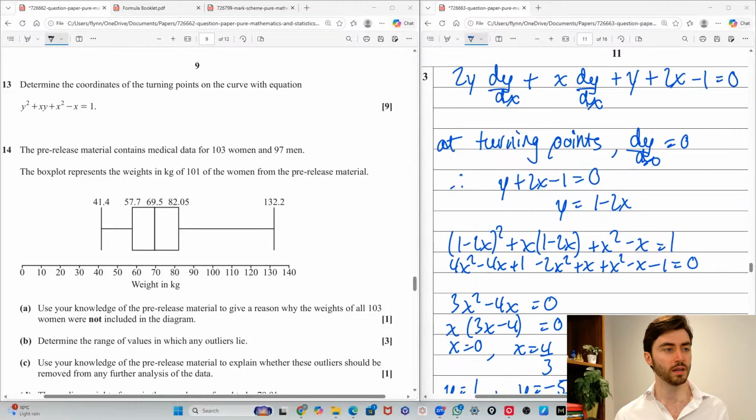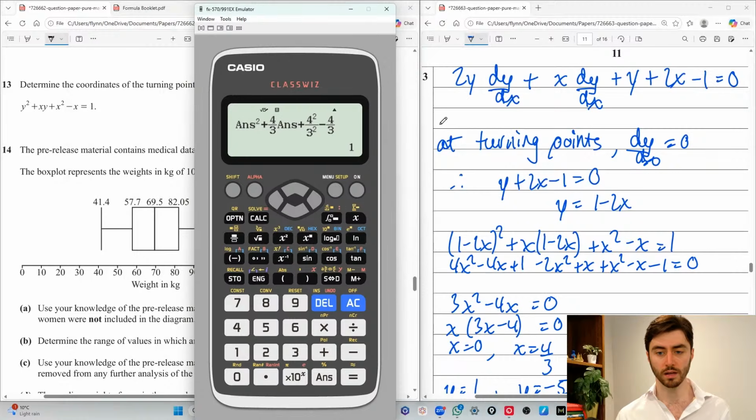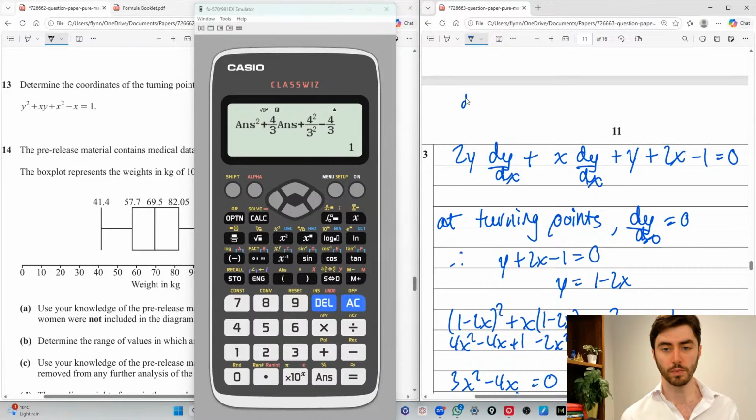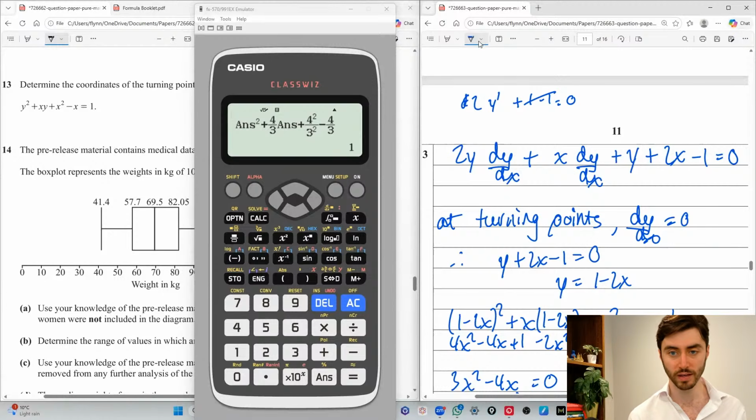If I plug in 0, 1 into here, I would get 2 dy dx. That would go to 0. I would get plus 1, and that would be minus 1. So that would cancel, so dy dx would be 0. So that is definitely a stationary point.